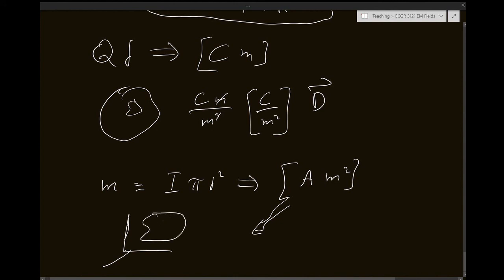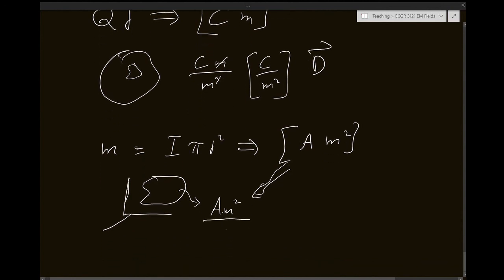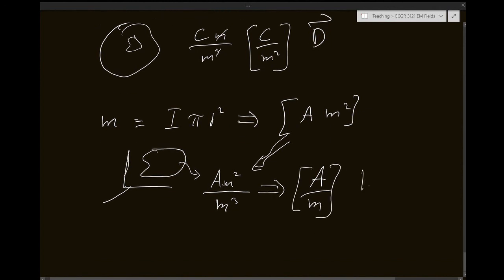So I take the density of a dipole in the region of space. I take an infinite amount of dipoles, each with a unit of amp meter squared, sum them up, divided by meter cubed to get a density. What unit arises when I do that? The unit that arises is amp over meter. Notice the slight difference here. The unit that arises is the same unit as the H field. The H field has amp per meter.